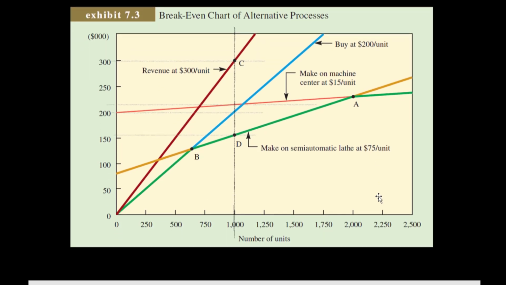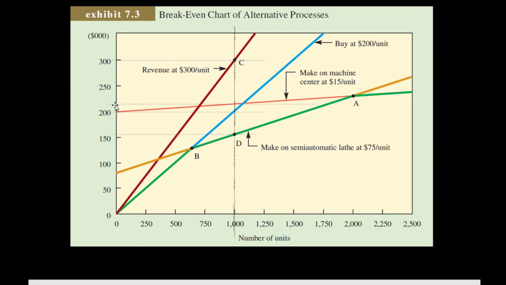Now if you closely observe this graph, you can see that the lines are intersecting with each other and forming an area which is on the bottom of all the lines. This is the area which is having the lowest cost, right?